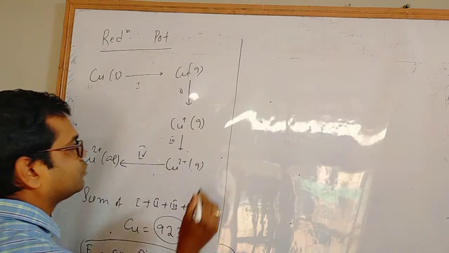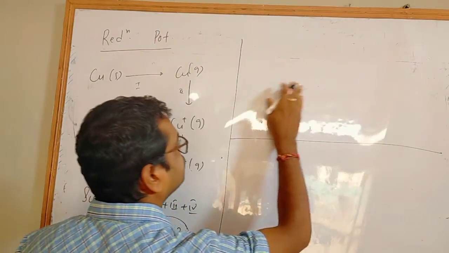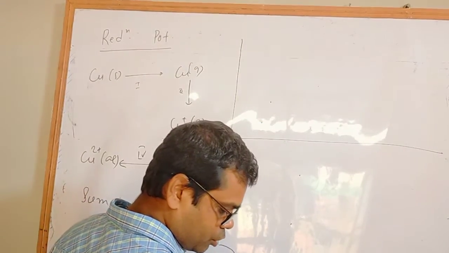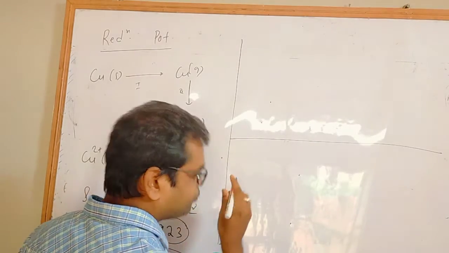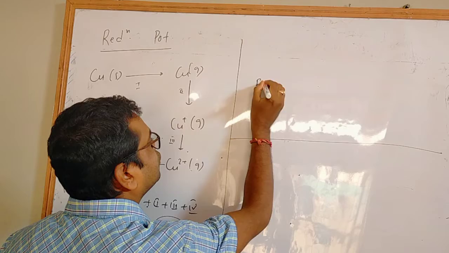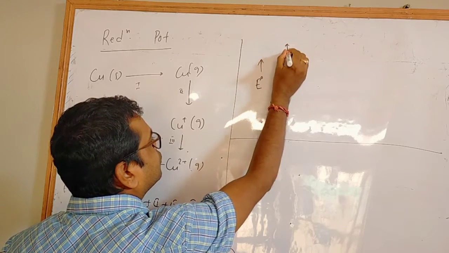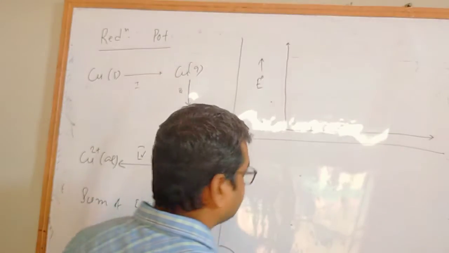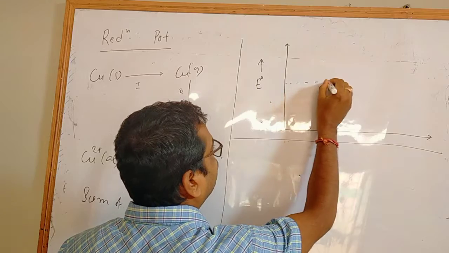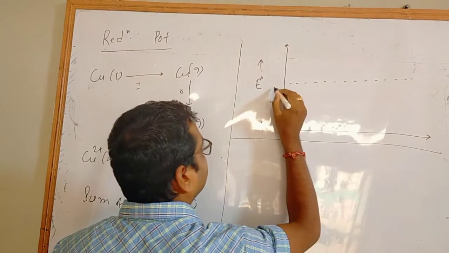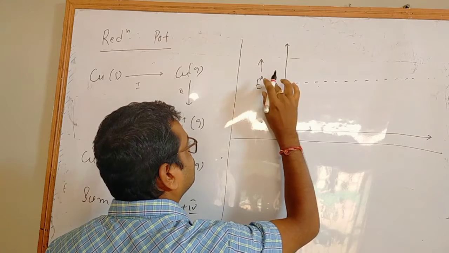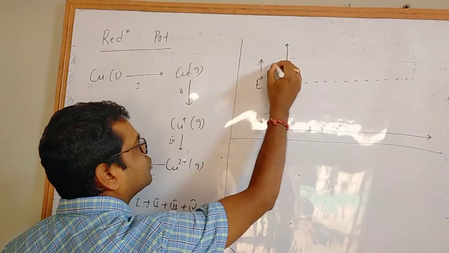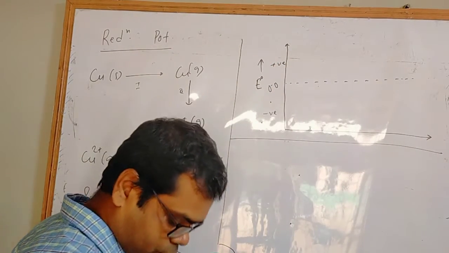Now if we consider this, we have an electrode potential graph, E naught. This is the electrode potential for hydrogen. Electrode potential for hydrogen is 0.0 volt. These are the negative electrode potentials, these are positive electrode potentials.